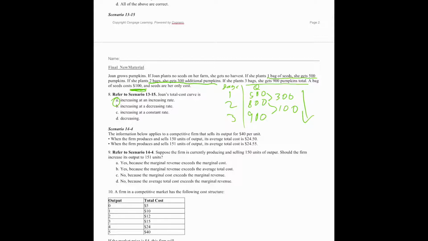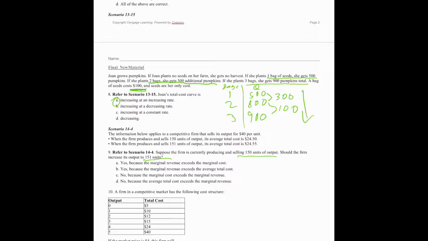Question 9. The information below applies to a competitive firm that sells its output for $40 per unit. When the firm produces and sells 150 units of output, its average total cost is $24.50. When the firm produces and sells 151 units of output, the average total cost is $24.55. Suppose the firm is currently producing and selling 150 units of output. Should the firm increase to 151 units of output?